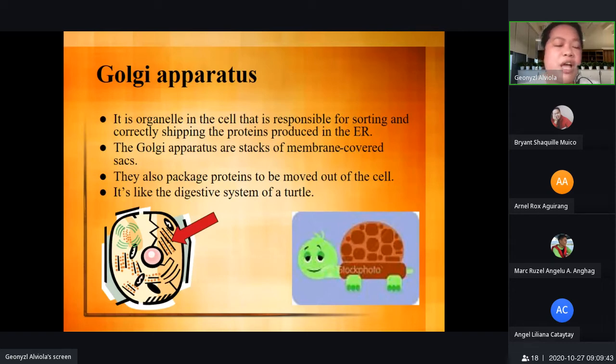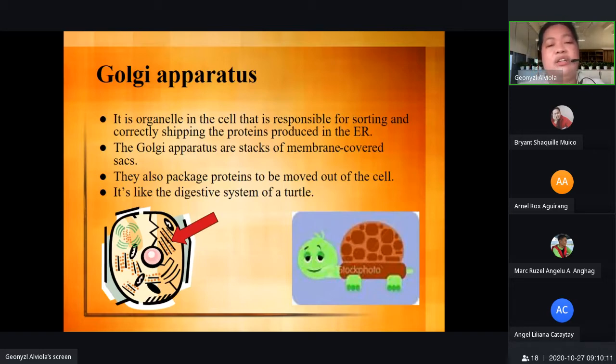Now, the Golgi apparatus will receive all these proteins, like a post office: it delivers, sorts, and accepts. So the Golgi apparatus will accept the synthesized proteins coming from the endoplasmic reticulum. As it receives the proteins, it repacks them into vesicles.